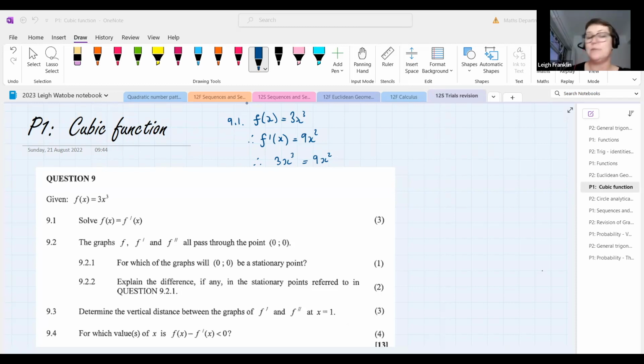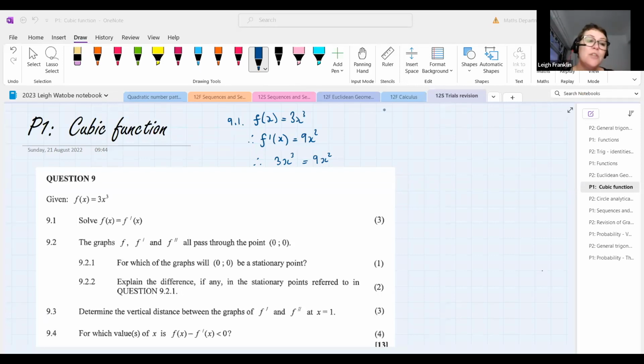Hint, hint. So I've done that. Cool. Okay, I've got them equal. Now what am I going to do with them? After I've equated them, what am I going to do? That's it. Beautiful. I could not have said it better. Then take the one to the other side and make it equal to 0.